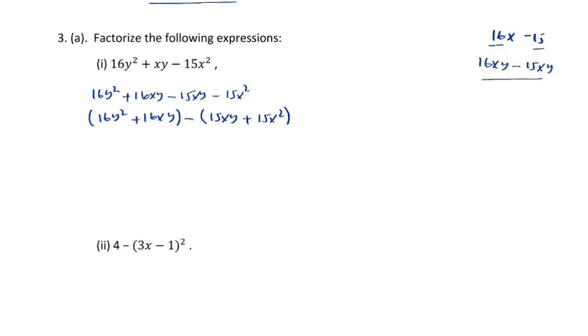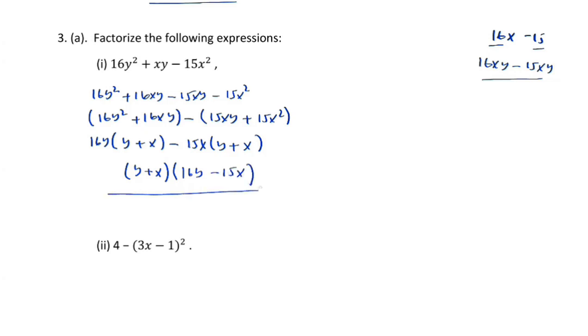We are going to have 16y in brackets y plus x minus 15x in brackets y plus x. Next, let us factor out y plus x from the whole expression. We are going to have in brackets y plus x times in brackets 16y minus 15x, and this is the final expression.